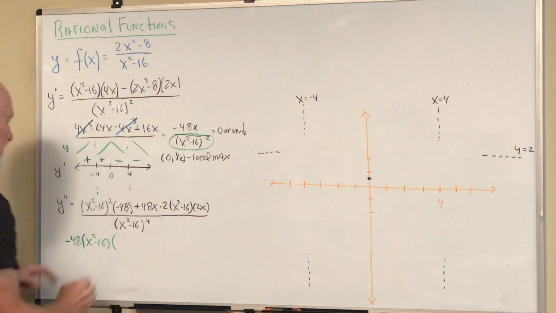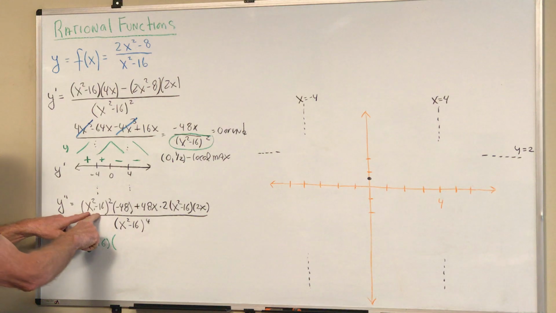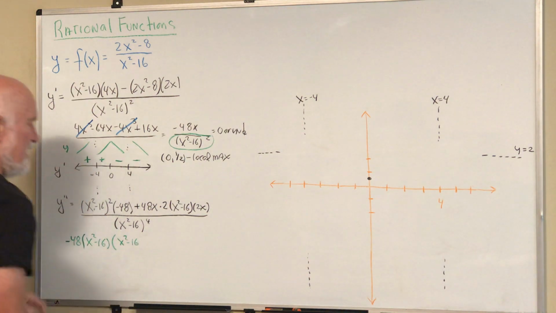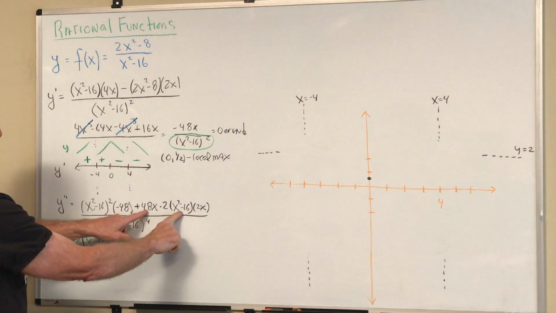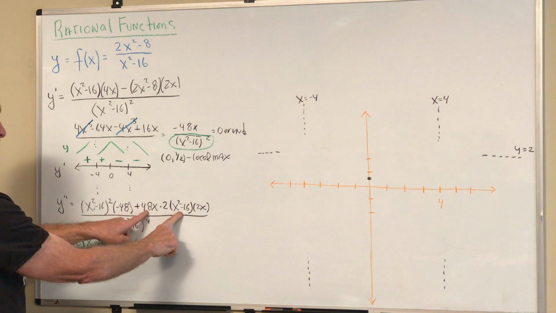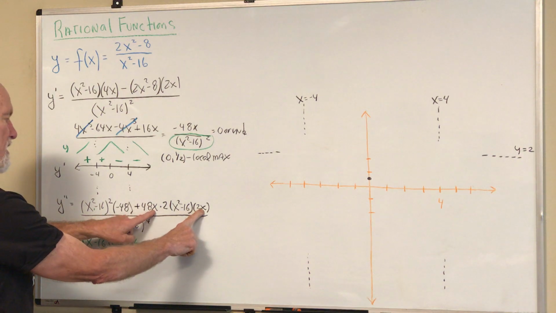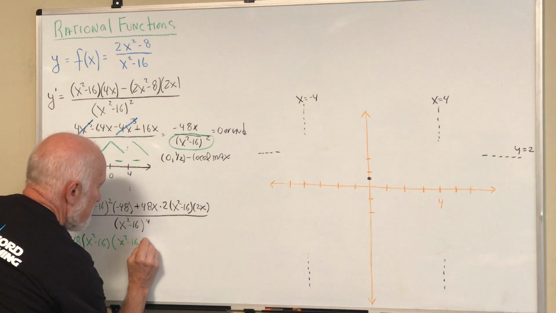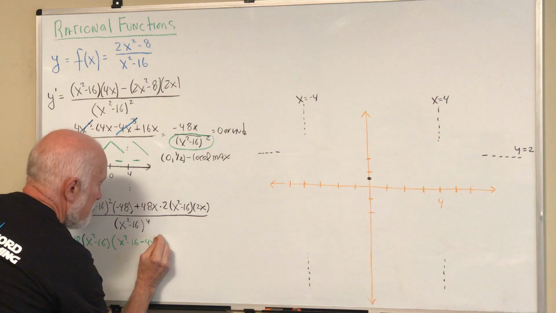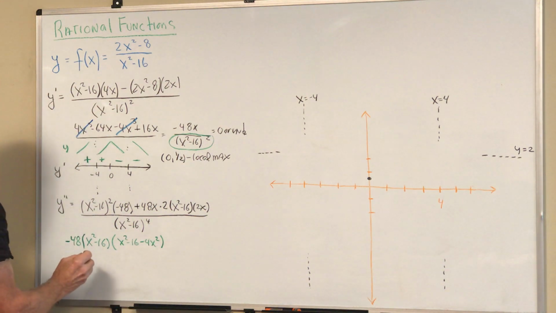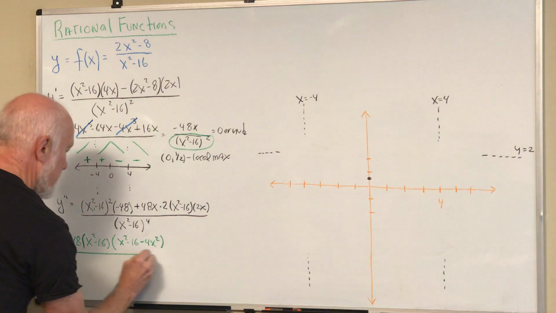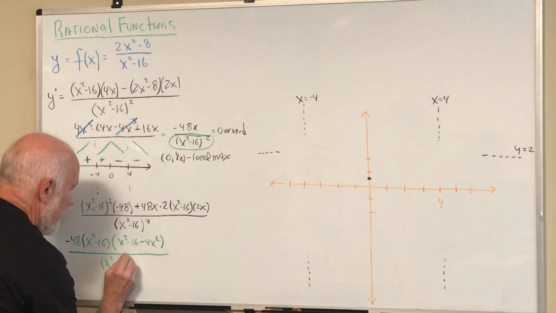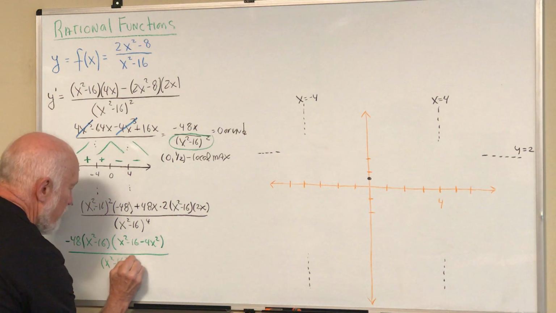Now, what does that leave us with? It leaves us with 1 x squared minus 16 here, and then minus 4x squared, all over this denominator, x squared minus 16 to the 4th.